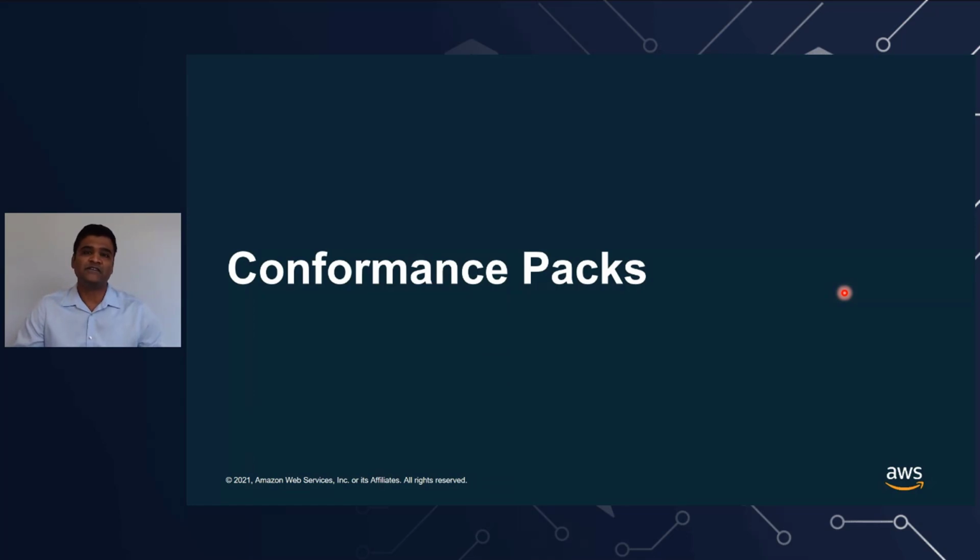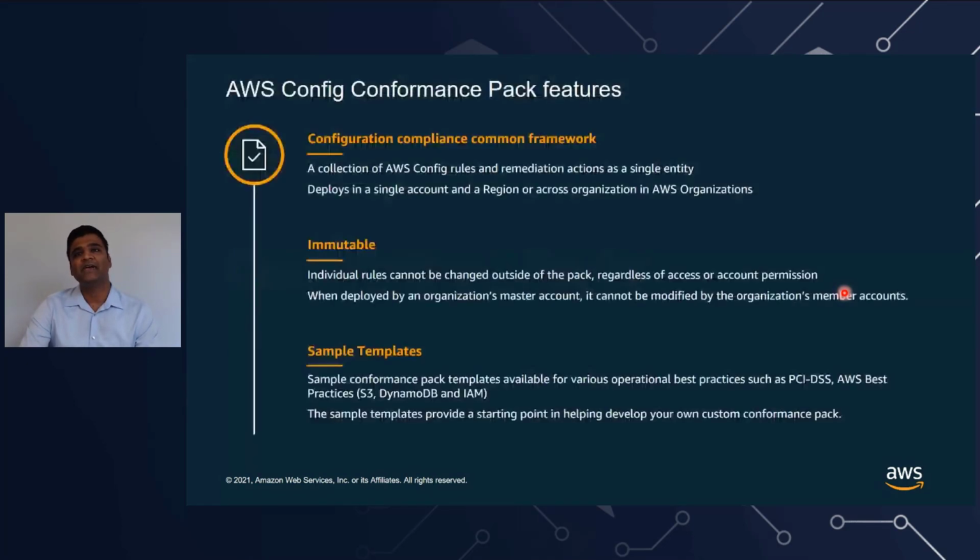To assist our customers, we have enabled a service called conformance packs, which are part of AWS Config Service, that offer you a bundled set of security rules that you can enable with just a few clicks within the AWS Console.